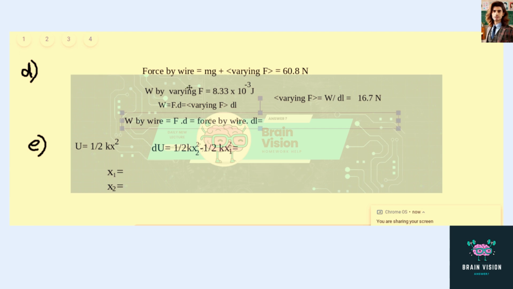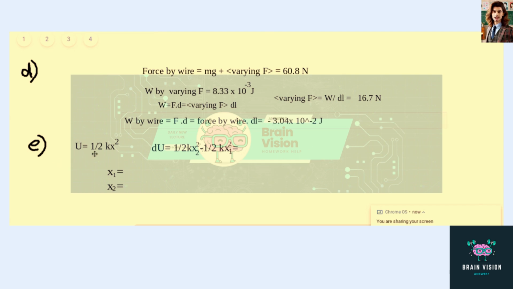So our cos theta will be -1, and this will give us our value of work to be 3.04 times 10 to the power -2 joules. But since the force and displacement are along opposite directions, so our cos theta is -1, so there is a negative sign here.